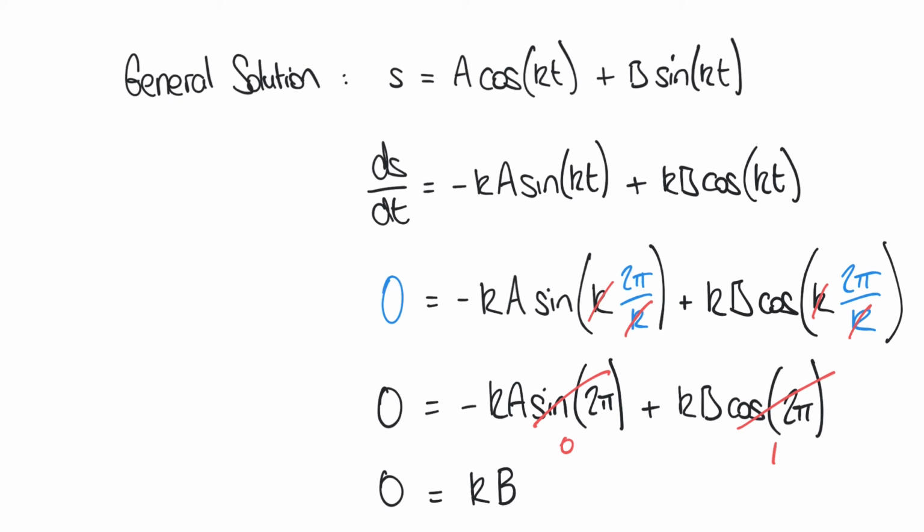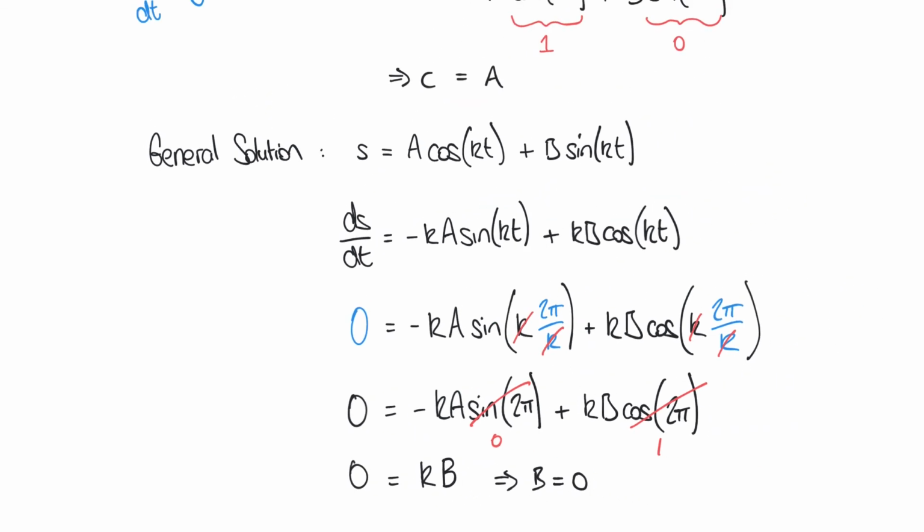So since kb is equal to 0, either k or b must equal 0 for that to be true, and we're assuming here that the constant k is non-zero, and so b must be 0 in order to satisfy that equation. So now we know both of our constants. We said earlier that a equals c, and now we see that b equals 0.